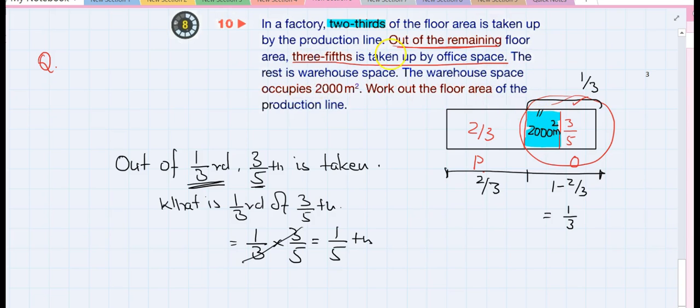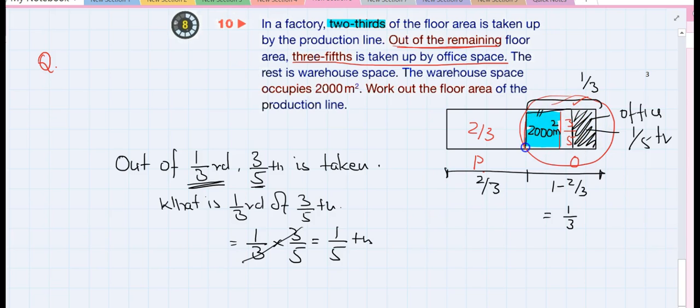So out of the 1/3 floor area, 3/5 is taken. So out of 1/3, 3/5 is taken for the office space, which means office space is 1/5. This is for the office space.